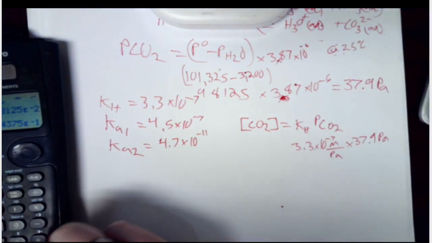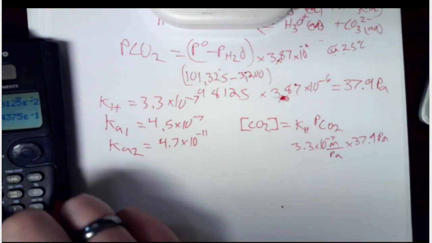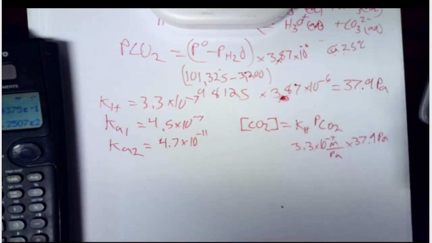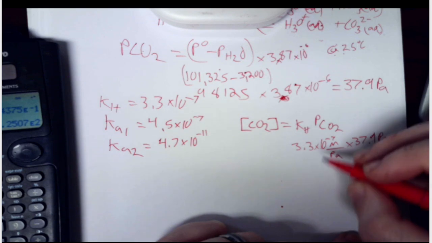Our concentration of CO2 becomes something like 1.25 times 10 to the negative 5th molar.